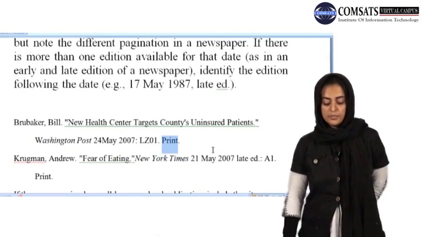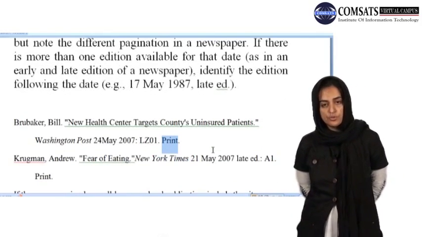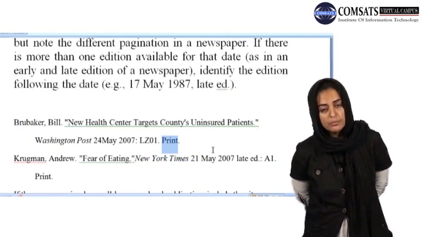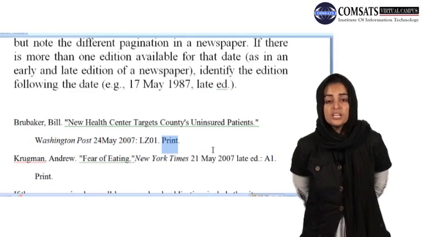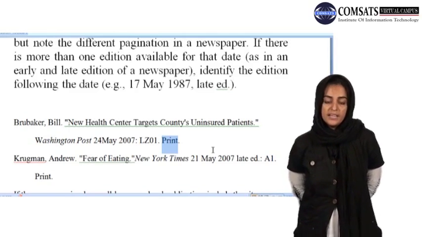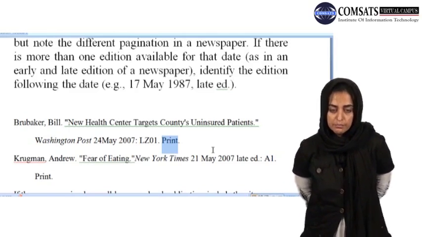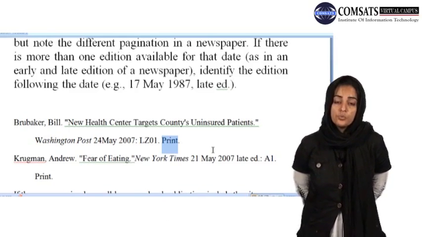There is a particular situation in which more than one edition of the newspaper is available on the same day. For example, the early edition and the late edition, the morning edition and the evening edition. In that situation, the page number might vary.